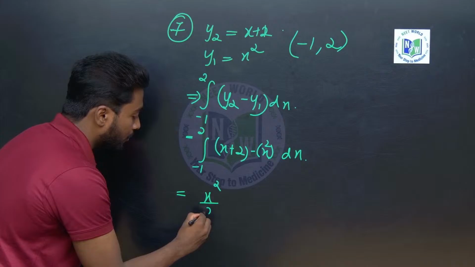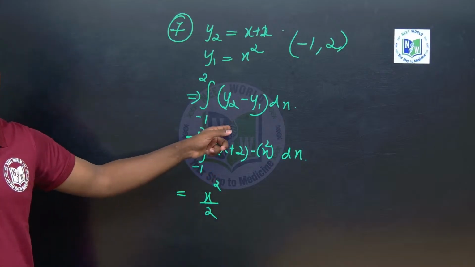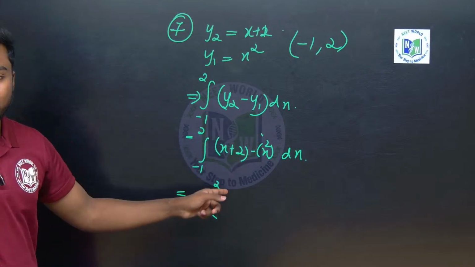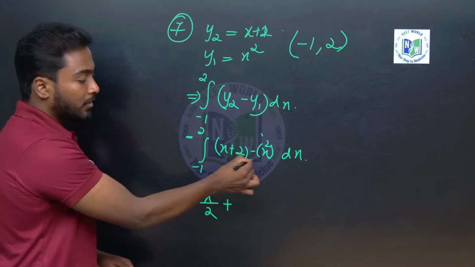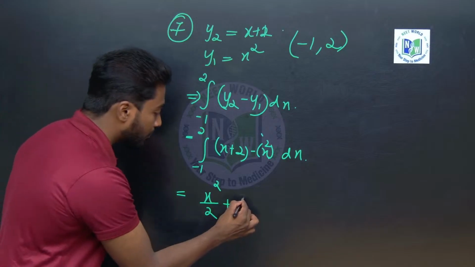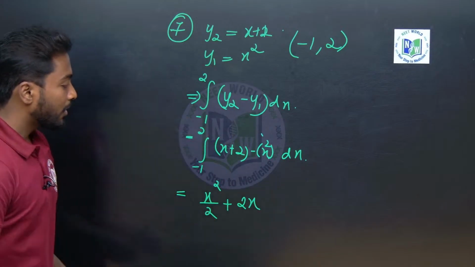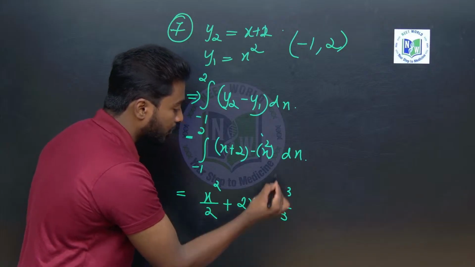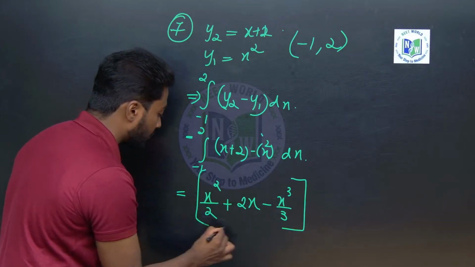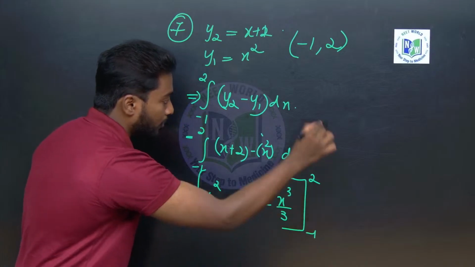x square by 2, which is x power n plus 1 by n plus 1, plus the integration of the constant with respect to dx, I will get 2x, minus x power 3 by 3. Now apply the limits, minus 1 to 2.